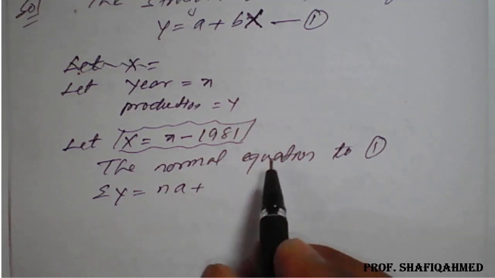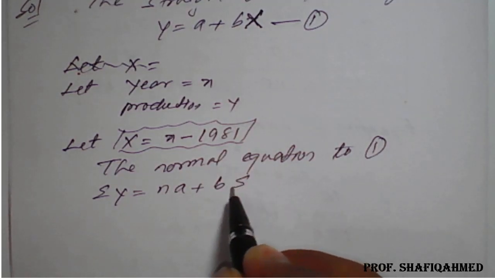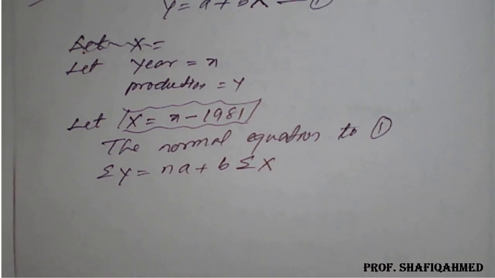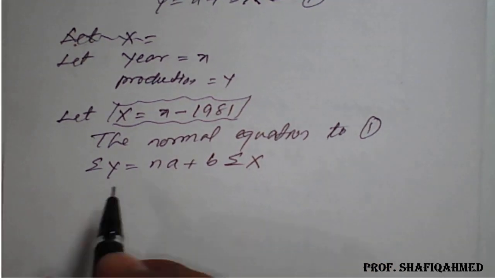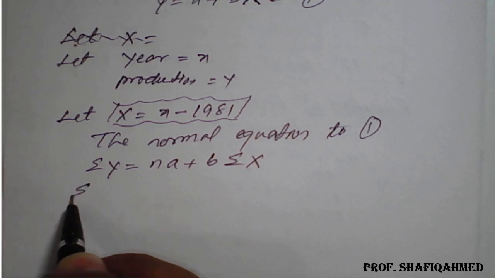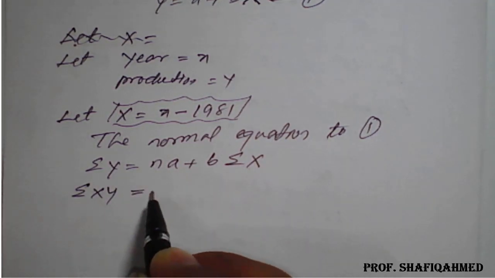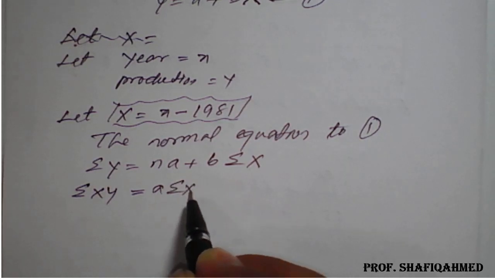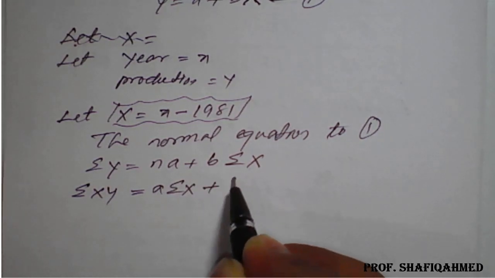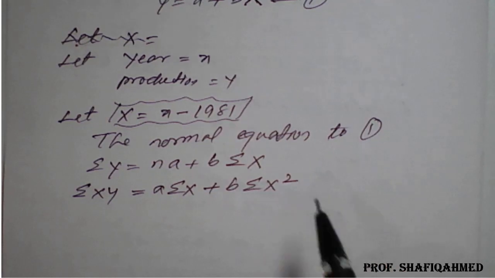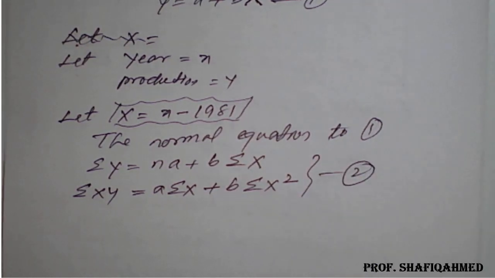So summation of y is n into a plus b into summation of capital X. Then multiply capital X on both sides: summation of capital X into y is equal to a into summation of capital X plus b into summation of capital X square. We'll call this equation number 2.